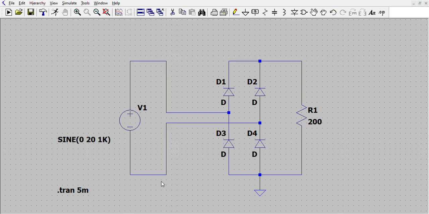Next circuit, we have a capacitive load circuit, and as for the result, we got this kind of graph. It went from 0 to 80 volt, and it goes straight to the end.